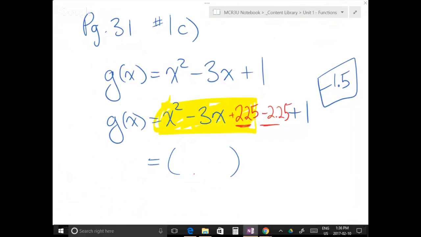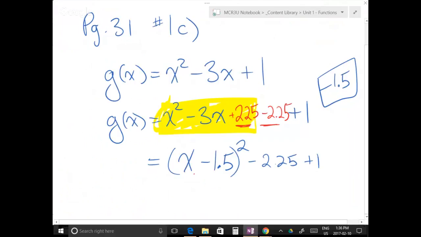Okay. So in here we would do x, and then we would put our number, right? Minus 1.5. What do I need to make sure I do with that bracket? Square it. That takes care of those three terms. What's left over? Minus 2.25 plus 1. Good. Those three terms make a perfect square. They go in here. And then these two terms remain.